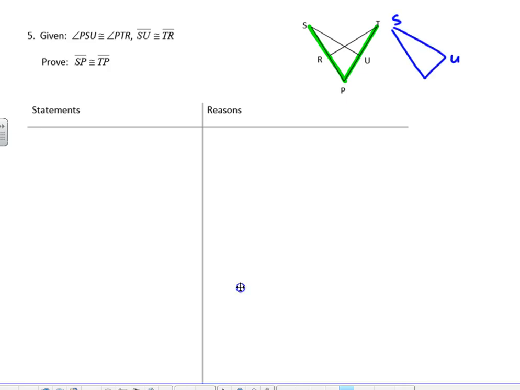and the overlapping triangles that are there are SUP and RPT. So always draw first, and what we see when we draw is that they share that common angle of angle P, which would be here in this example. In addition to that, we're given the angle PSU.